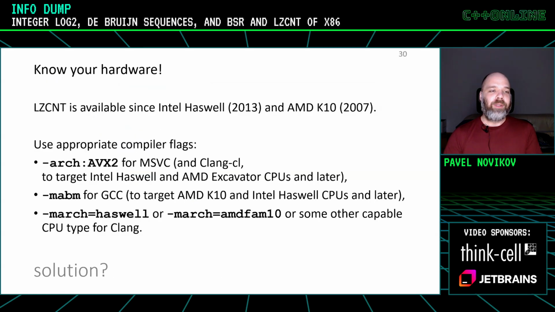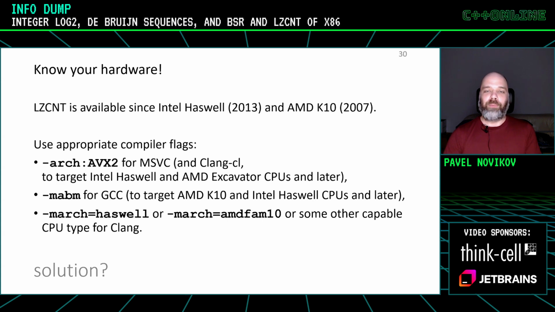So maybe a solution here, and in my opinion, is that you should know your hardware. The LZCNT instruction, leading zero count, is available since Intel Haswell and AMD K10, which is more than 10 years ago.